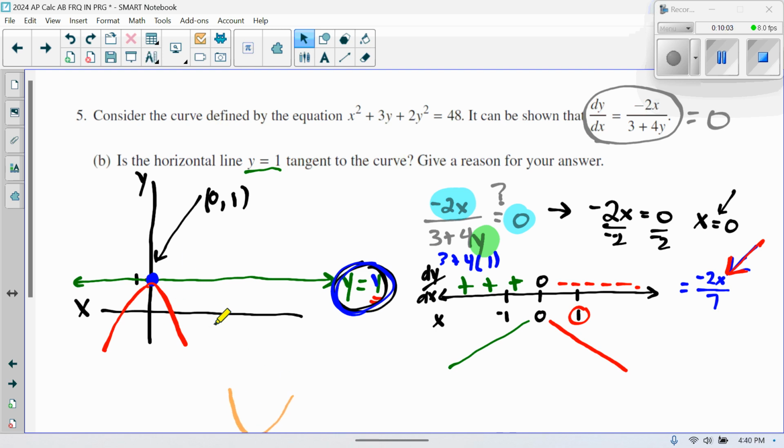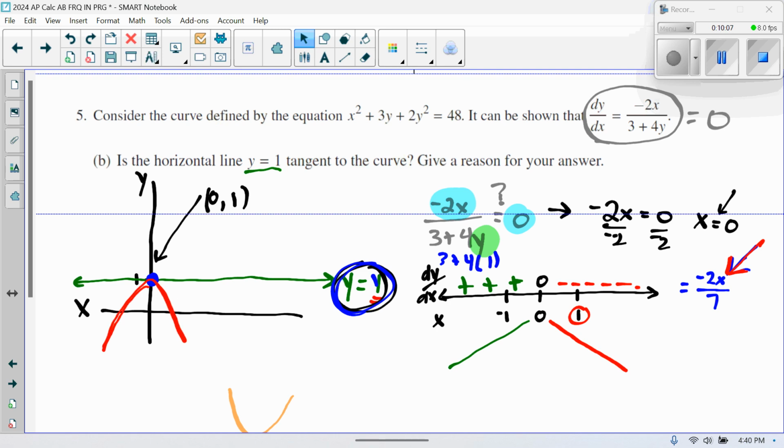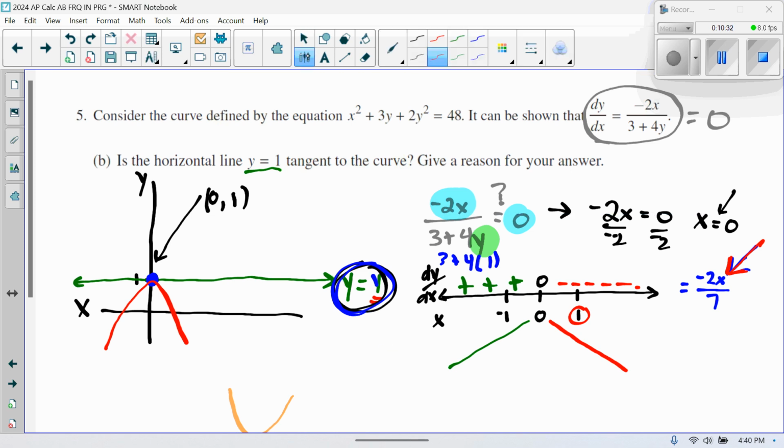That doesn't mean I have a horizontal tangent line. That just means that's where my max is. I don't know if it's at y is 1. Maybe x is 0 and it's down here at the origin, 0, 0. So if I throw 0 into my original equation, what's the actual coordinate?